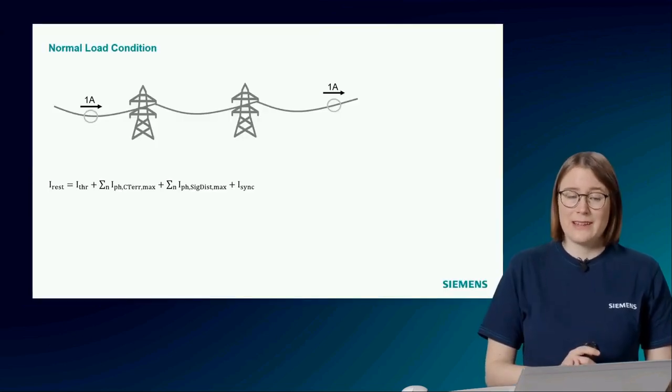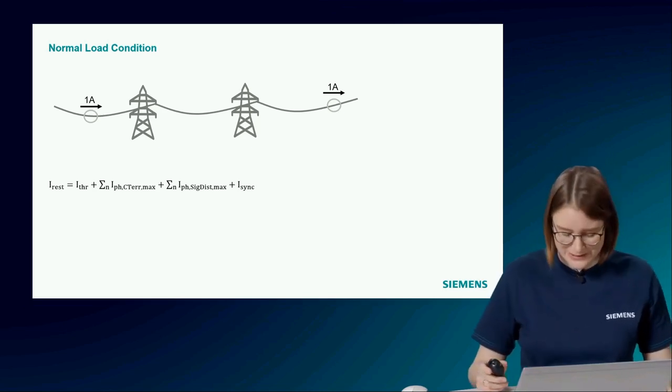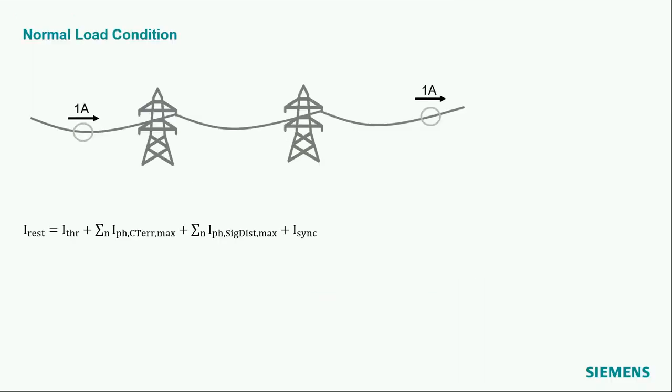First thing I want to test is a scenario with normal load conditions. So here that means we have, in this example, a current of 1 amp secondary flowing through the line. And I want to explain to you how we calculate the restraint current in this case, and how to inject this value.